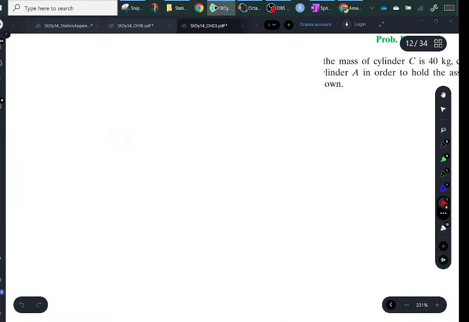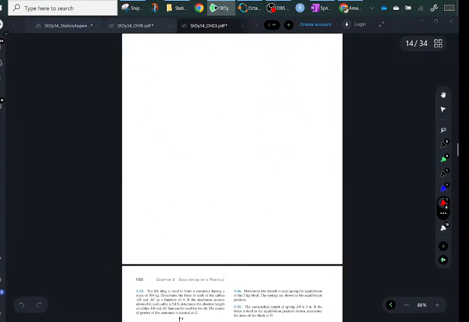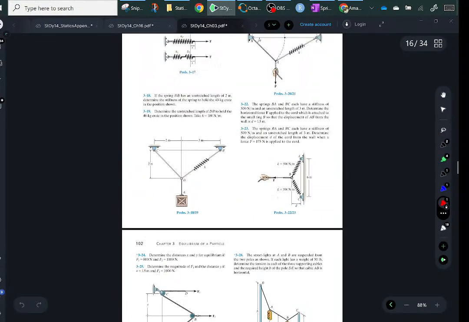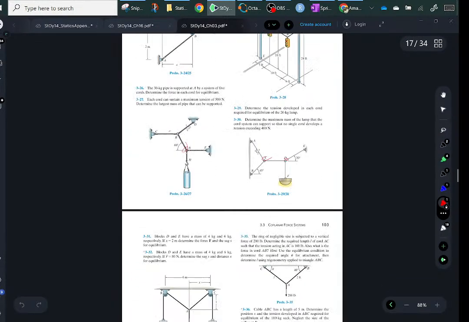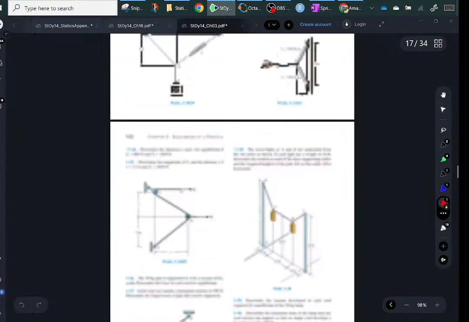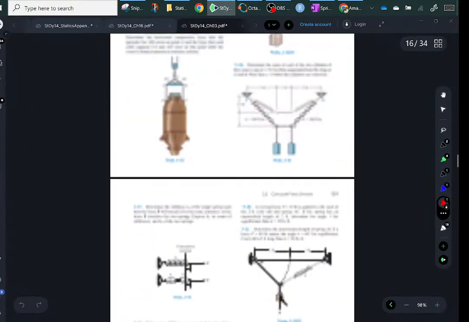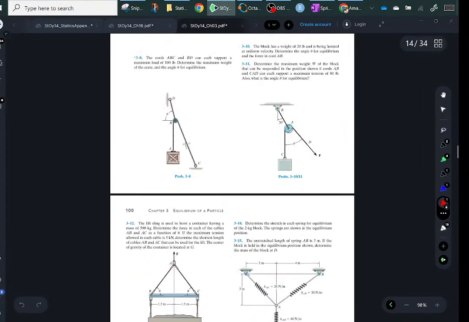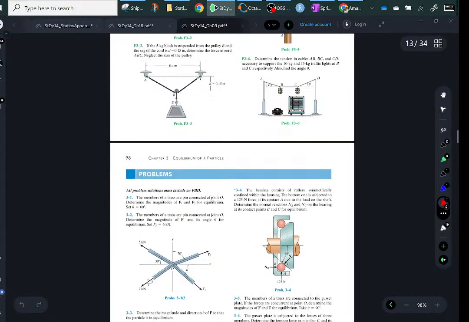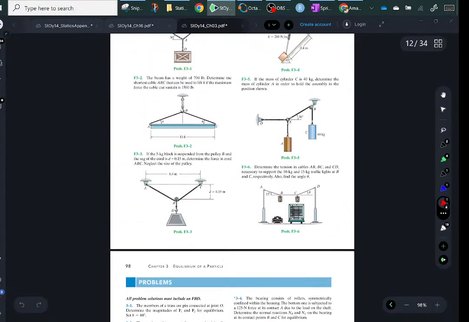Is this the right place? I don't think that's where I was, but let me just find a problem at random. I don't want to do one with a spring. We'll do one with double rings later, but let's try to find one with a single ring. There's got to be one in here.